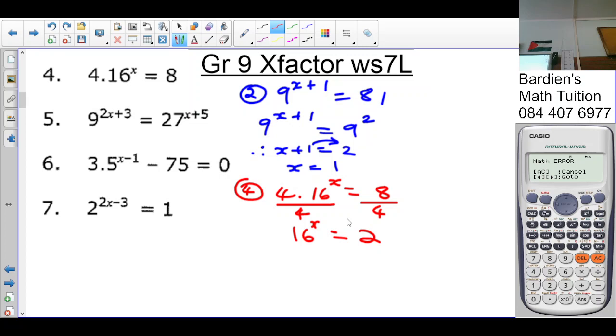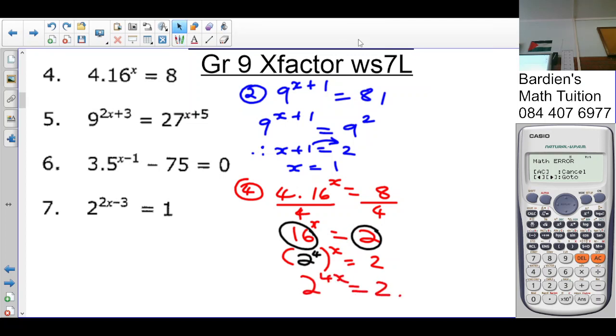This base is already written as a base of 2. However, 16 can be written as 2 to the exponent 4, raised to the exponent x, equals 2. So how can we get rid of the brackets? 2 to the exponent 4x equals 2.